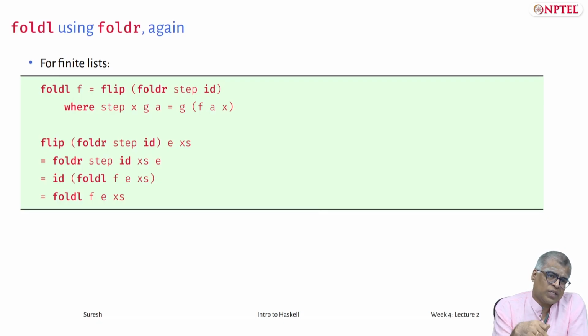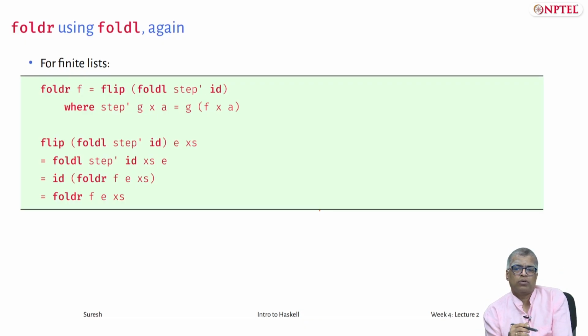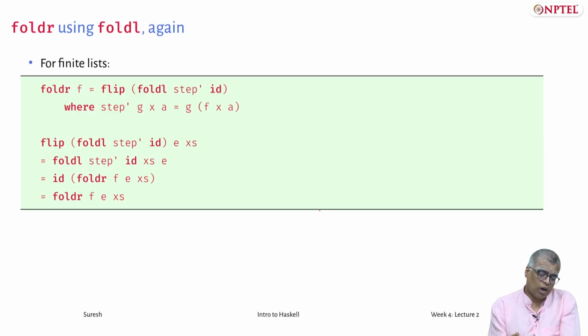You do not need to understand all this to be able to use foldr and foldl. This was just to tell you that you can also indulge in such exercises in Haskell, but I hope you found it interesting. I will stop with this. We will next look at a demo session where we just run some of these functions and see how they operate, and with that we will end our discussion on folds.